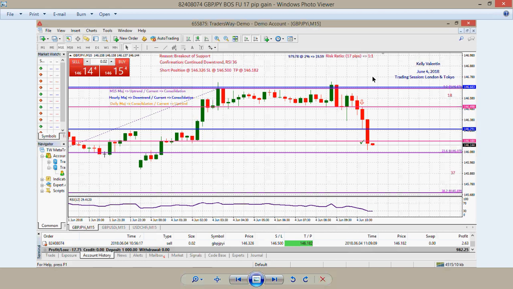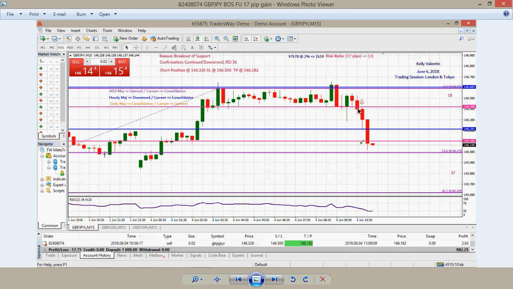But this is just a breakout of support trade. Pretty simple. It worked out well. I followed my rules in my trading plan. My RSI was 36 when I entered into the trade. It was a downtrend that was occurring.